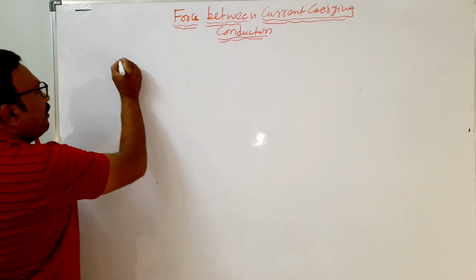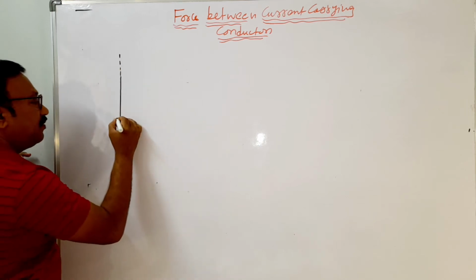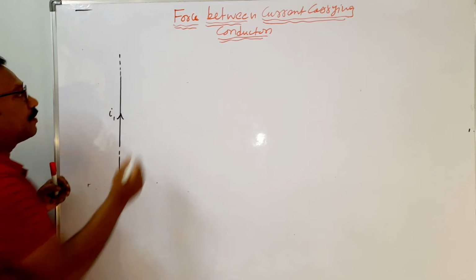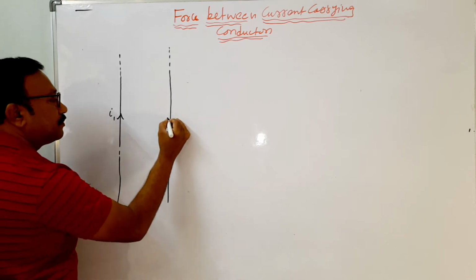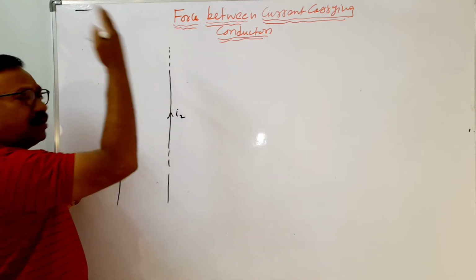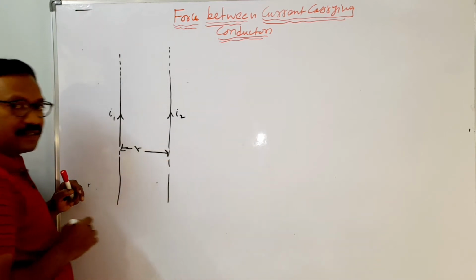Let us say you have a current carrying conductor here, infinitely long, current I1 is flowing in this, and another current carrying conductor I am taking, current I2 flowing. This is also infinitely long, and these two are separated by distance r.